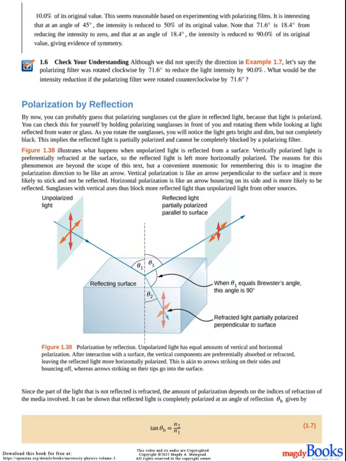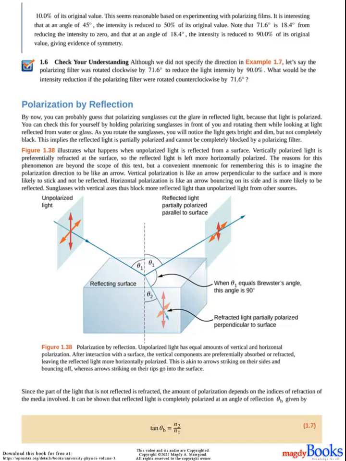This seems reasonable based on experimenting with polarizing films. It is interesting that at an angle of 45 degrees, the intensity is reduced to 50% of its original value. Note that 71.6 degrees is 18.4 degrees from reducing the intensity to 0, and that at an angle of 18.4 degrees, the intensity is reduced to 90.0% of its original value, giving evidence of symmetry.